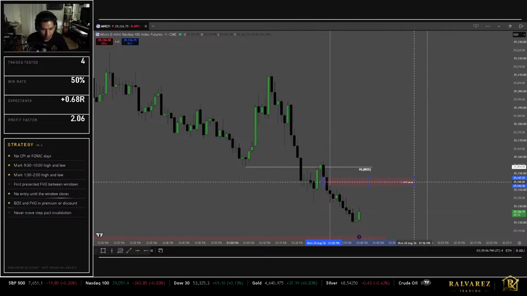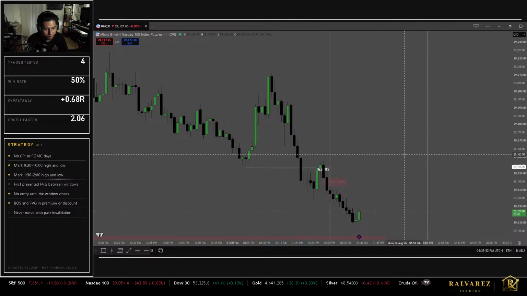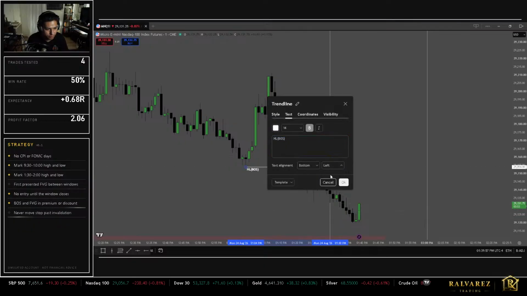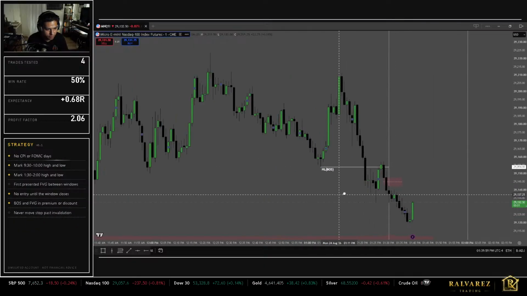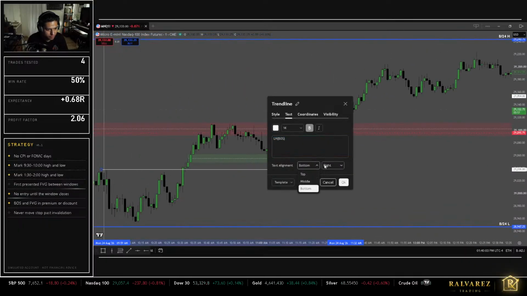And I'm actually going to make this like that for now, because I don't want to mix up the, let's see if we can make this left. That's perfect. Same with this one, to the left on the top.